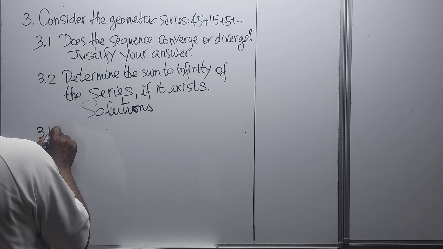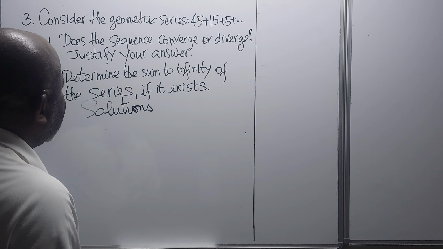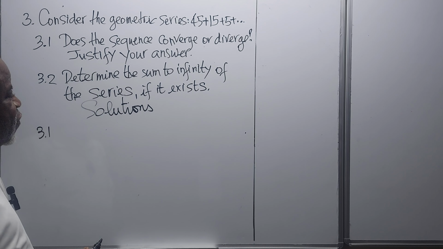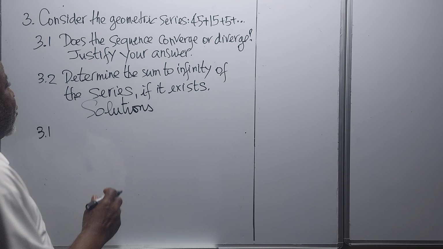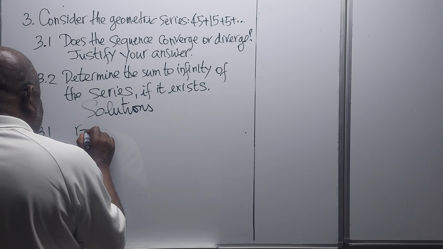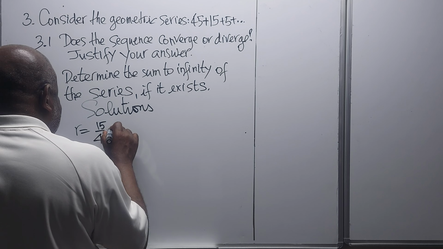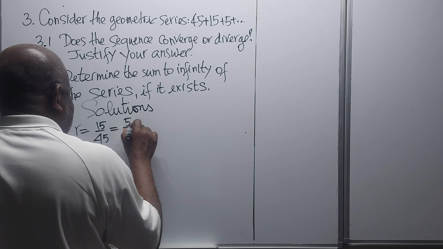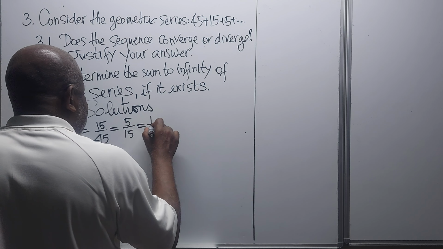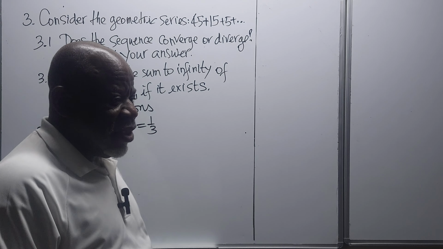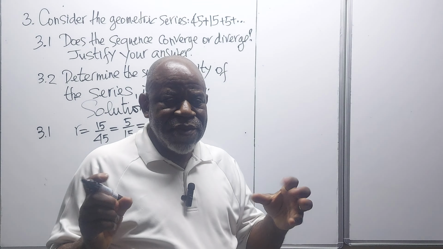3.1. If we want to see if the sequence converge or diverge, we will need to get the common ratio. So a common ratio here, R will be equal to 15 over 45. It will be equal to 5 over 15. And this will give us 1 over 3. And now, remember our common ratio must be between -1 and 1.